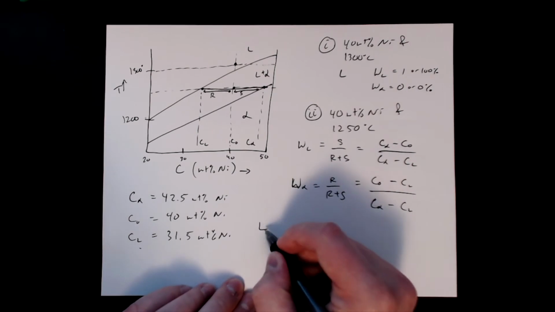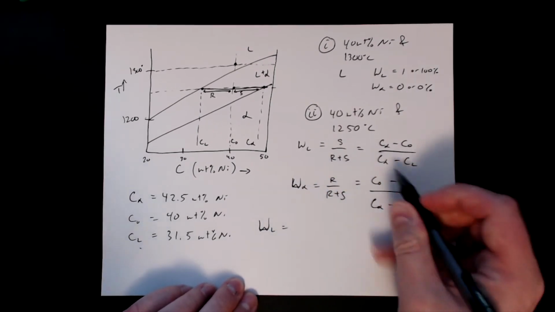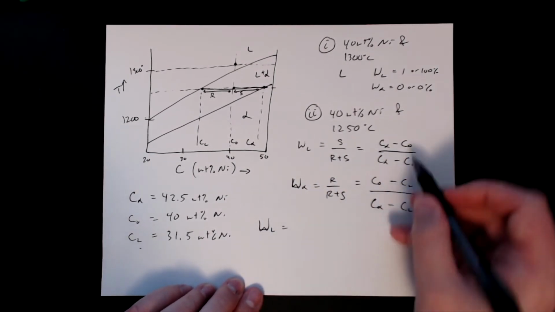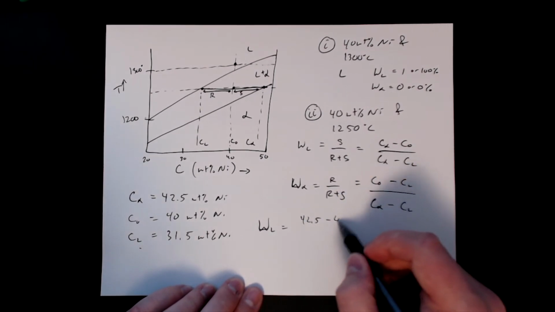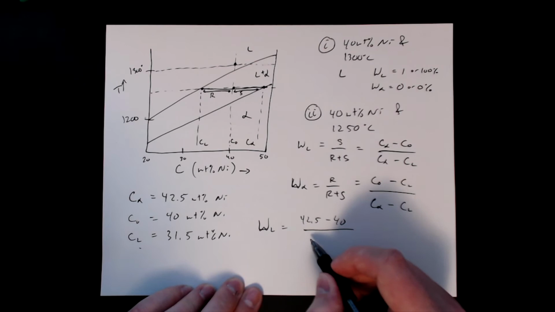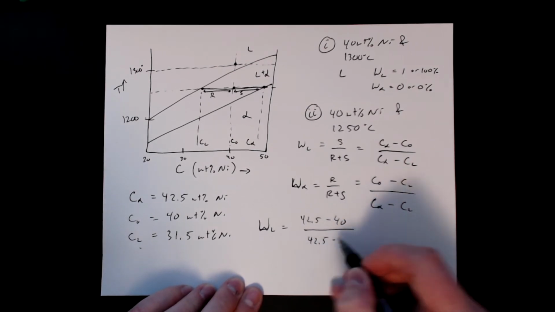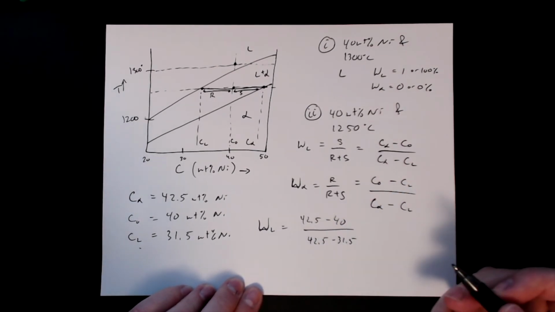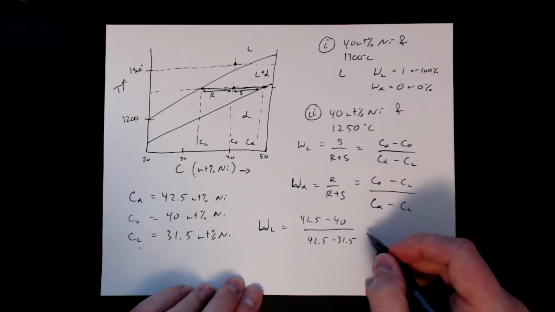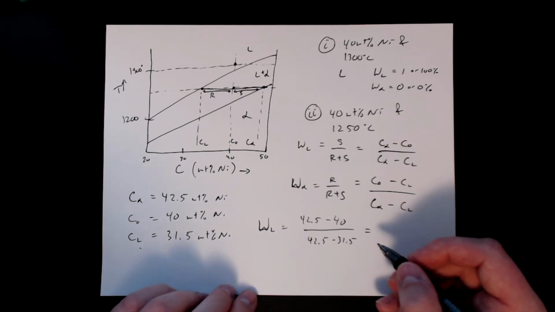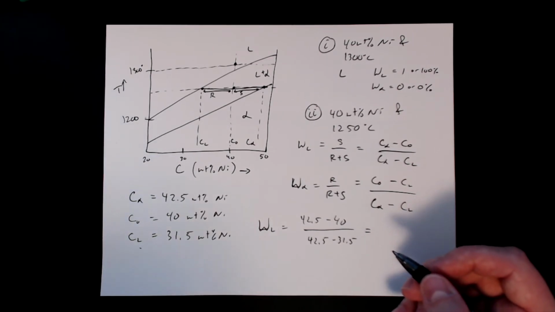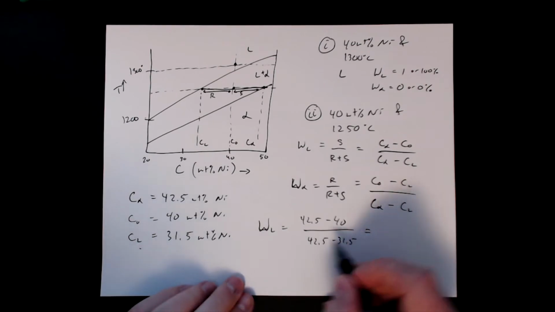And so then I just have to plug in those values to here, right? So this is going to be 42.5 minus 40 over 42.5 minus 31.5. And so if I plug all of that in, I'll get back to you on that one.